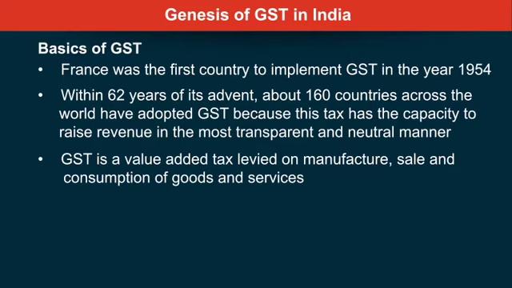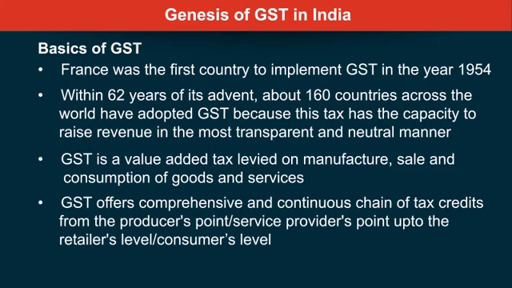And therefore, GST is considered as the tax which is levied on the value addition, and therefore it is considered to be one of the comprehensive taxes which will eradicate the requirement of different variety of taxes. Next, GST offers comprehensive and continuous chain of tax credit from the producer's point of view till the retailer's level or consumer's level.